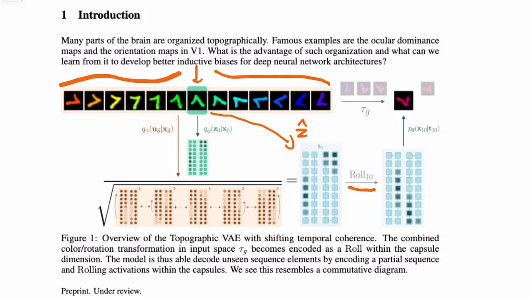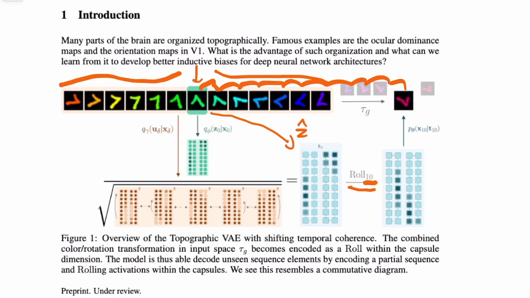So I have a sequence as an input, and I say, well, my latent space should be such that if I perform certain operations, here in this case I roll by 10, that corresponds not to the picture that I've input, but to the picture that would be if I were to observe this transition 10 steps into the future.